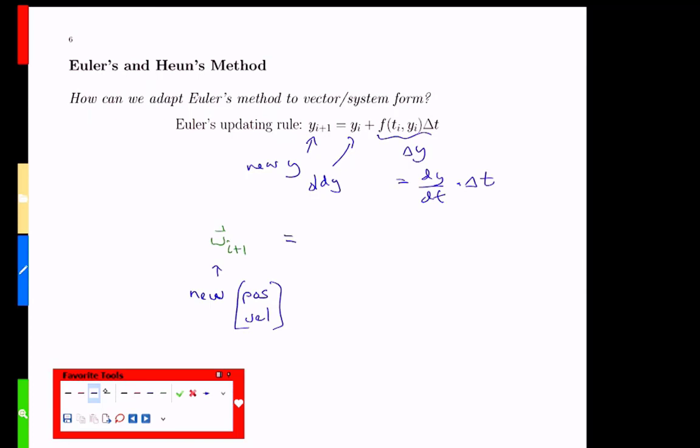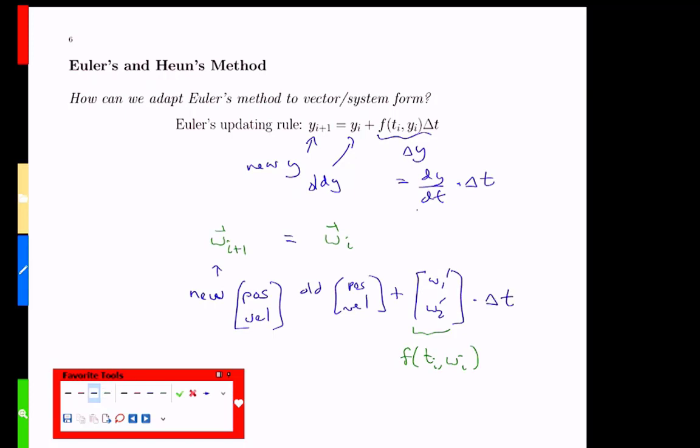It's going to equal our old position and velocity. We're not making this stuff out of new cloth here. Plus, and here's what we get. This is going to be W1 prime, W2 prime, or f of t_i, w_i, times delta t.